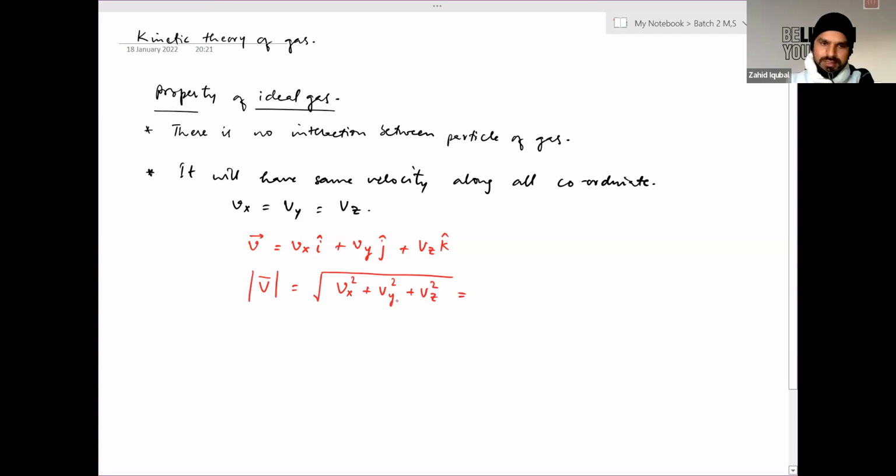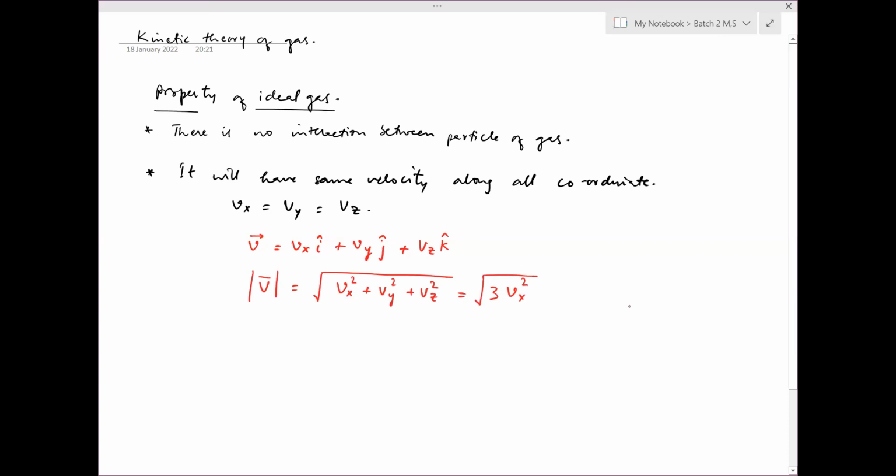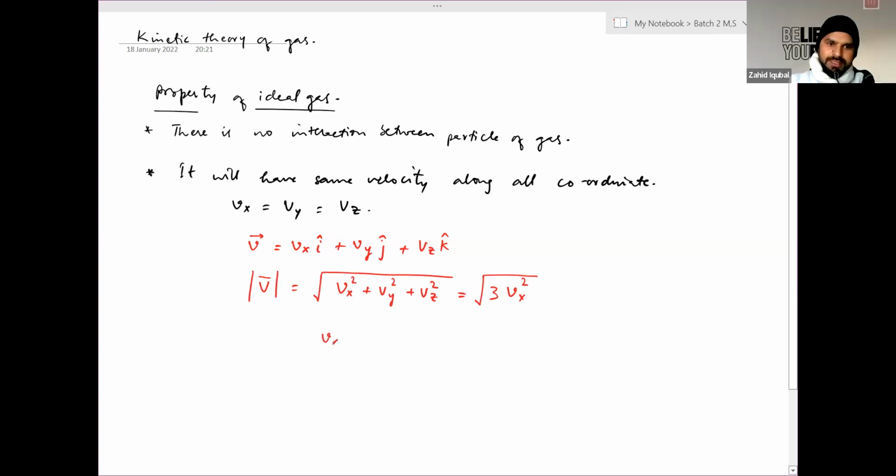Since these are all equal to one another, we can write it as the square root of 3 times vx squared. Is it clear? Yes, sir. Now on squaring both sides, we may write vx squared equals 1 by 3 v bar squared. This term is also called the mean square velocity of the gas.